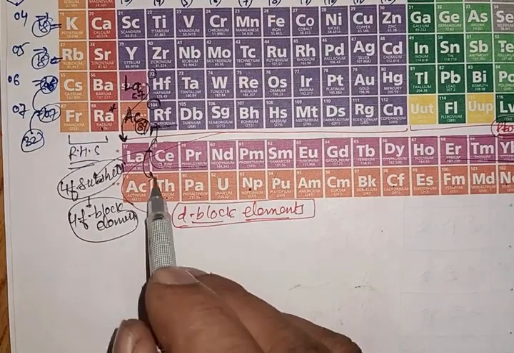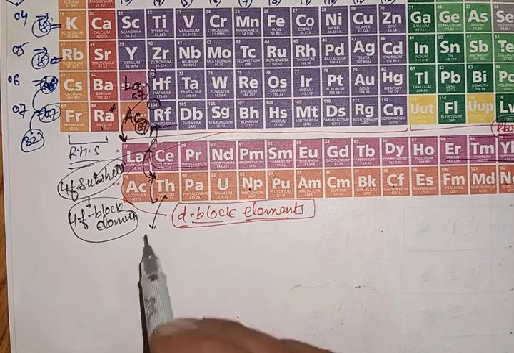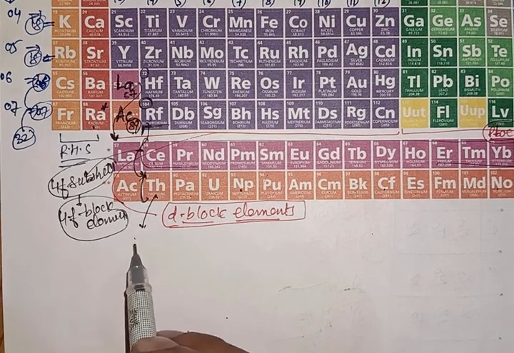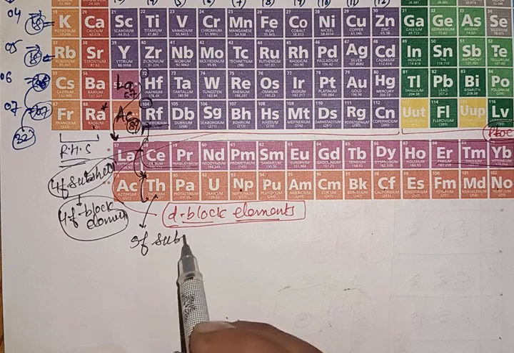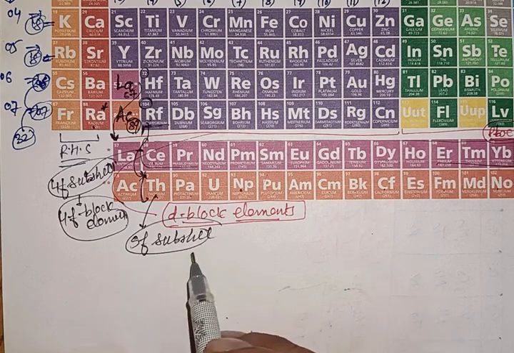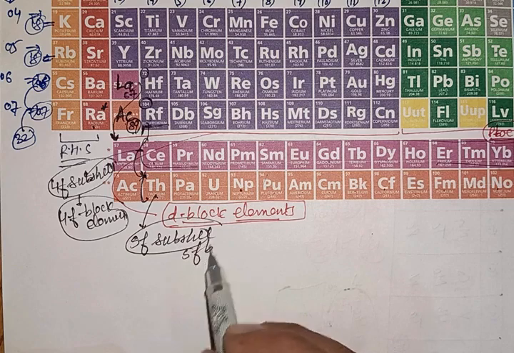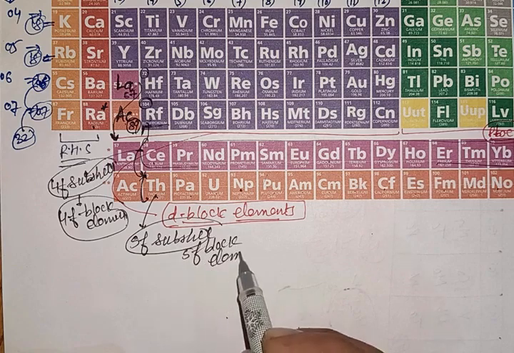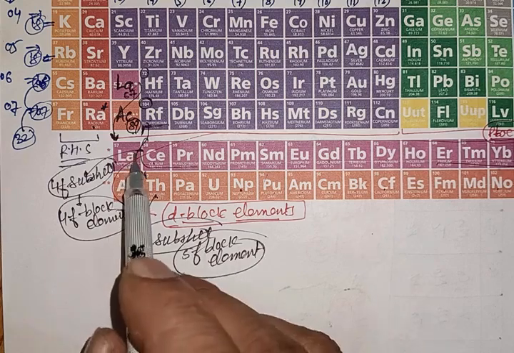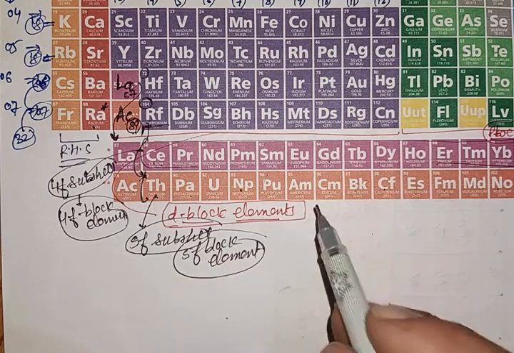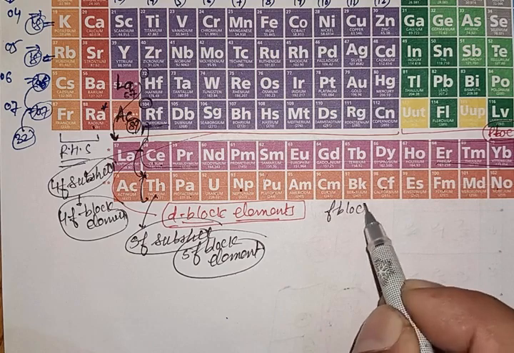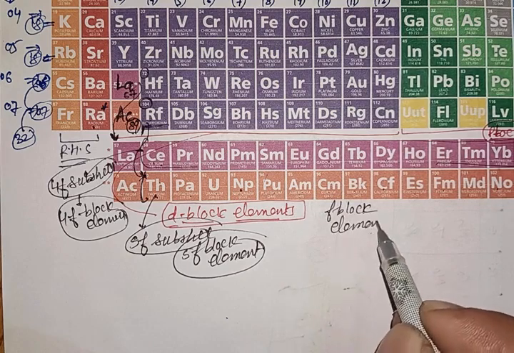In these 14 elements, the valence electron occupies the 5f subshell. That's why these are also called 5f block elements, and both these series are called f block element series.